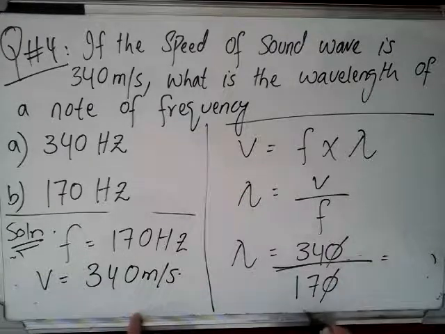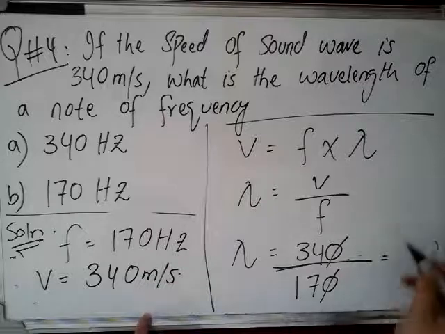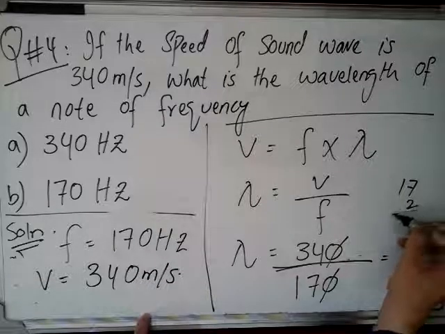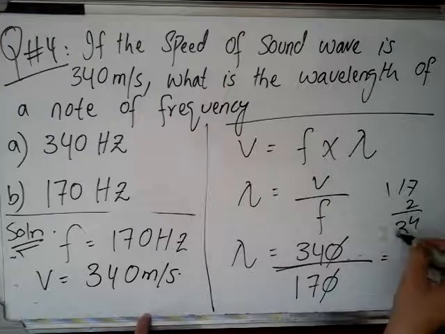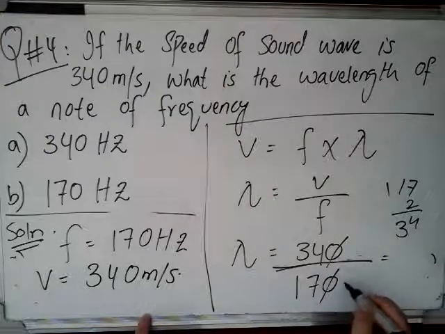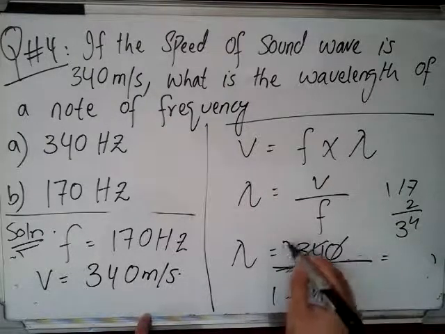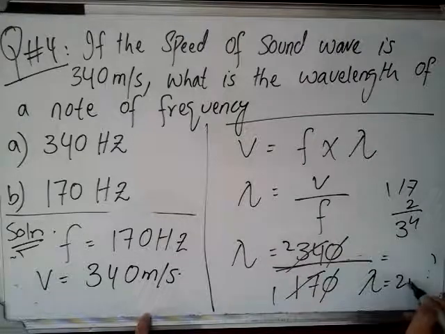The 0 gets cancelled with 0, and as a result 17 twos are 34. So the wavelength would become equal to 2 meter.